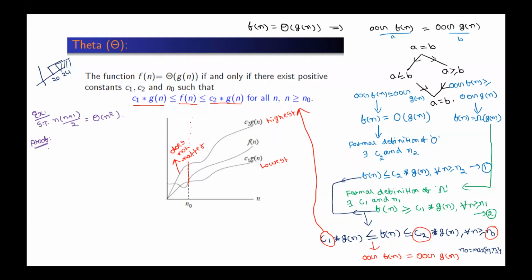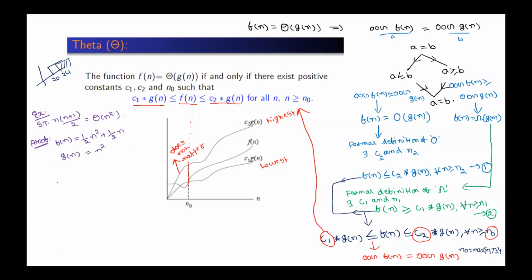What is f of n? We have already done this for big O also, big omega also. This is f of n. G of n is n square.